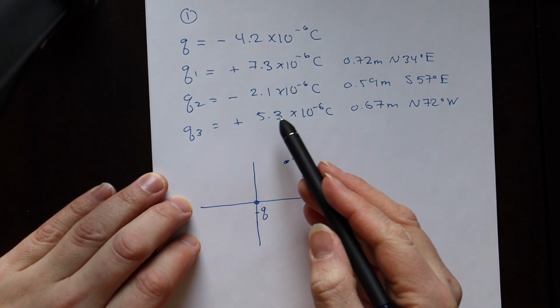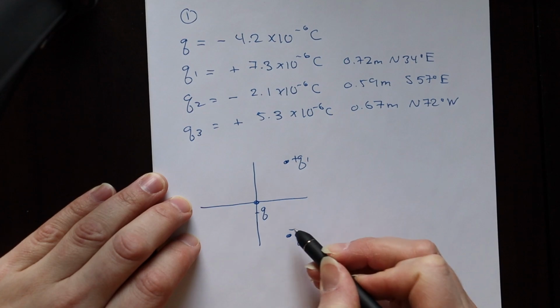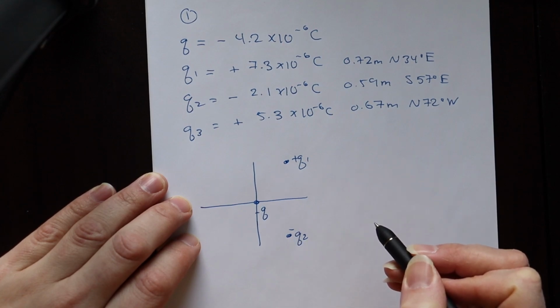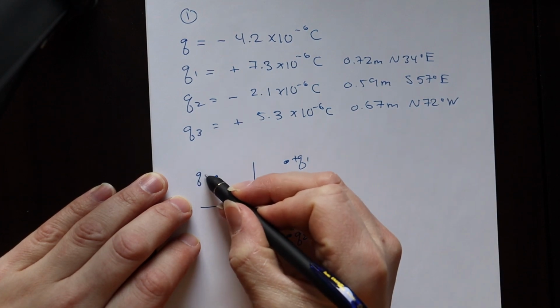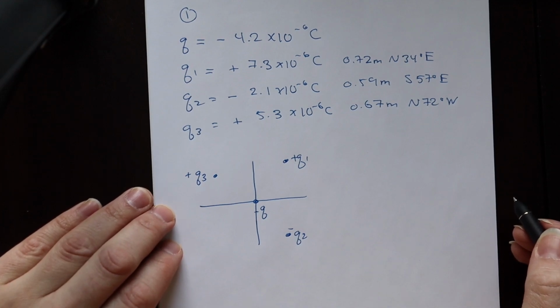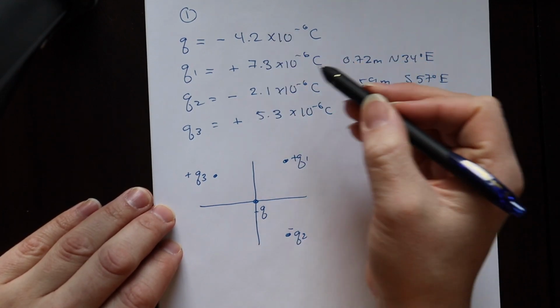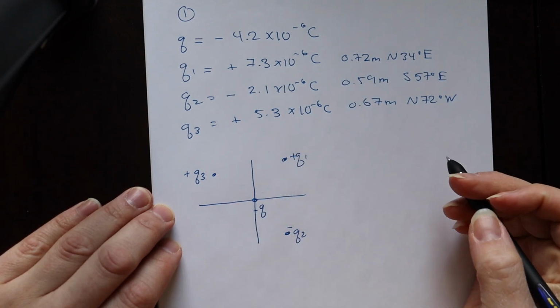Q2 is negative, and that is southeast. So Q2 is down here somewhere, negative. And Q3 is positive, and it is northwest. Positive. So essentially we are asking ourselves, given all of these charges and these distances, if I were to let go of Q, where would it be attracted to?